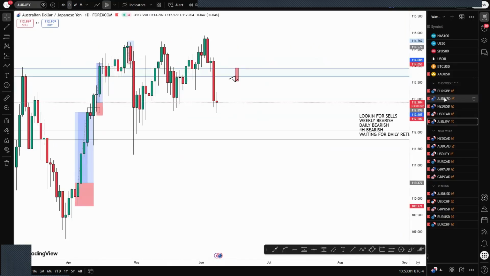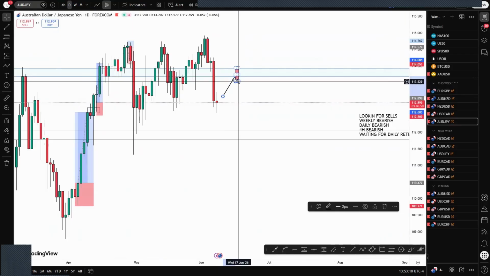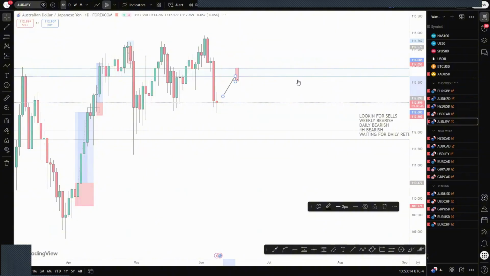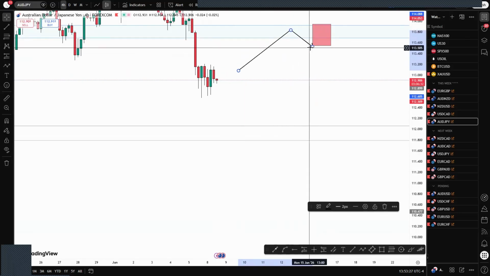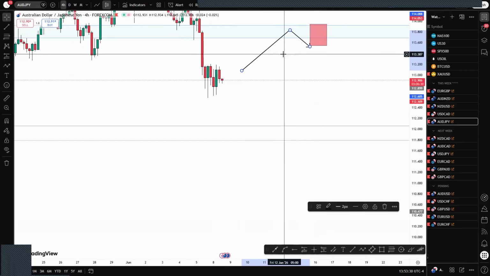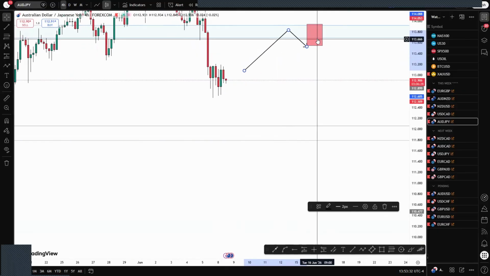And lastly, AUDJPY seems not to be retesting, but we need it to come back here. If you look at the 4-hour time frame, they're also having some sort of momentum before the actual build to buy back to this point. So all we do for now is just wait.